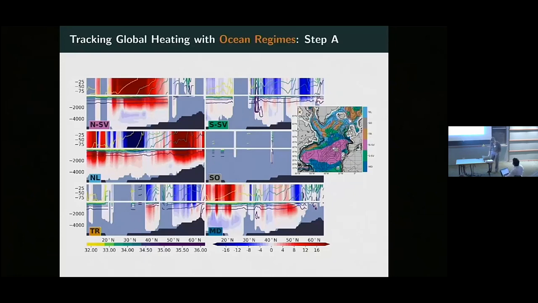But yeah, so if we zoom in on the North Atlantic here, what you can see is that for the pink regime here, this figure is showing you the clockwise and counterclockwise contributions.